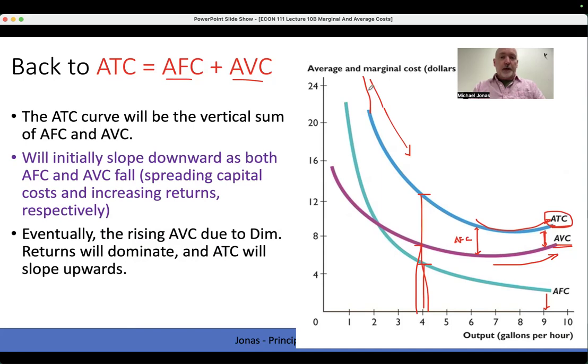Pay close attention to the units of measurement on the axes, right? So this is dollars per unit versus output. Production function, it's output versus labor, marginal product, change in output versus labor, and then total dollars, and now dollars per unit.